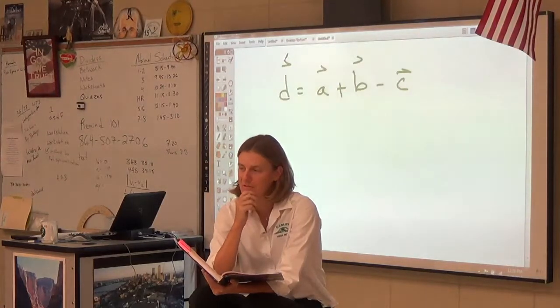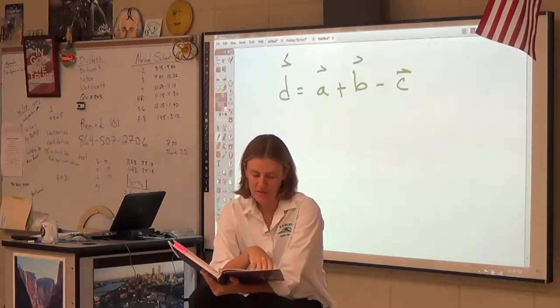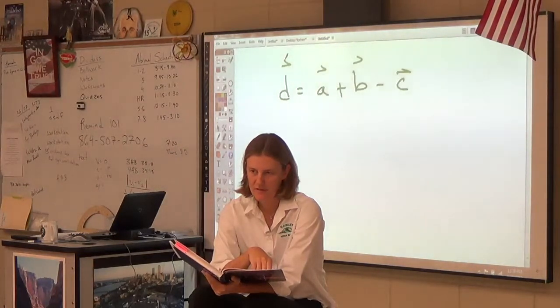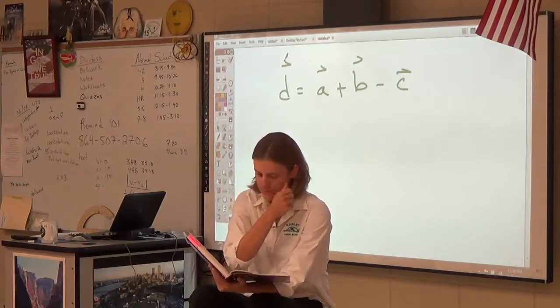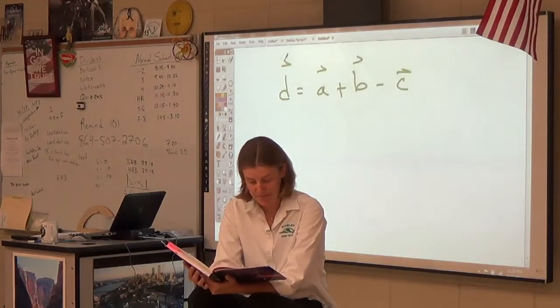Yeah, but if they're vectors, the direction matters, so you couldn't say like 8 east minus 6 east equals 6 east minus 8 east. You get the same magnitude, but your directions wouldn't work out. Okay, so good. The answer is no. That does not work.